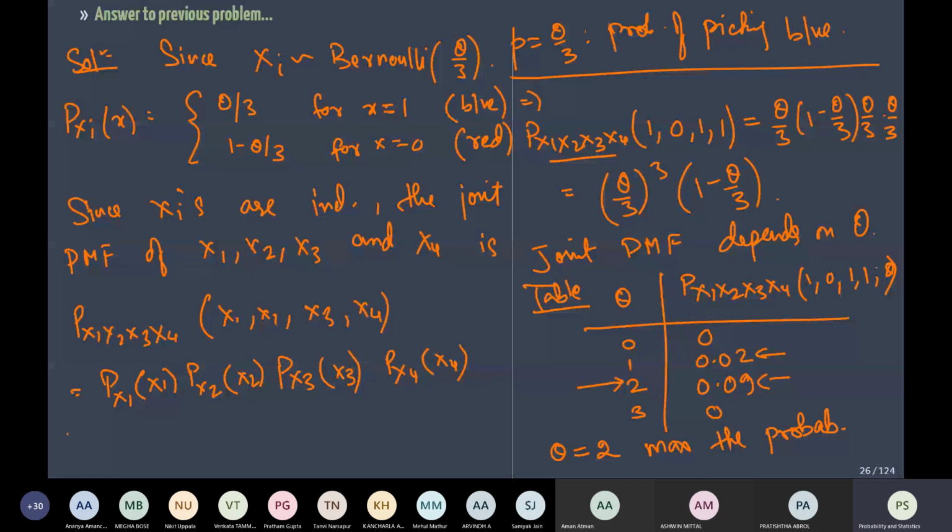In this example we listed out the values and picked the best, because we have a parameter theta corresponding to my sample space, and this allows me to change my sample space or the population, and from there I can maximize or minimize the probability of my observation.